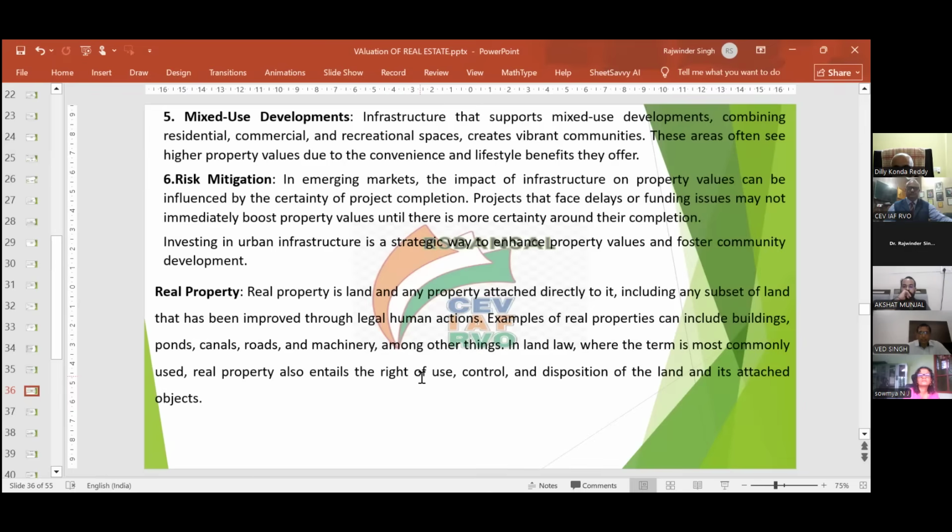Real property is land or anything that is attached to the land. So, for example, buildings, ponds, canals, roads, and machinery, and other things. In land law, where the term is most commonly used, real property entails the right of use, control, and disposition of land and its attached objects.